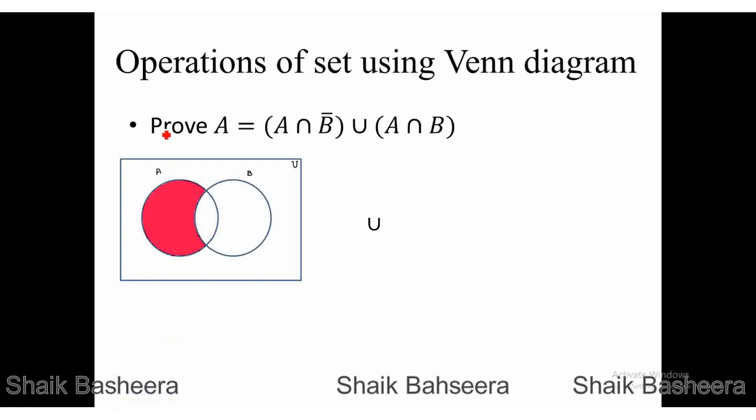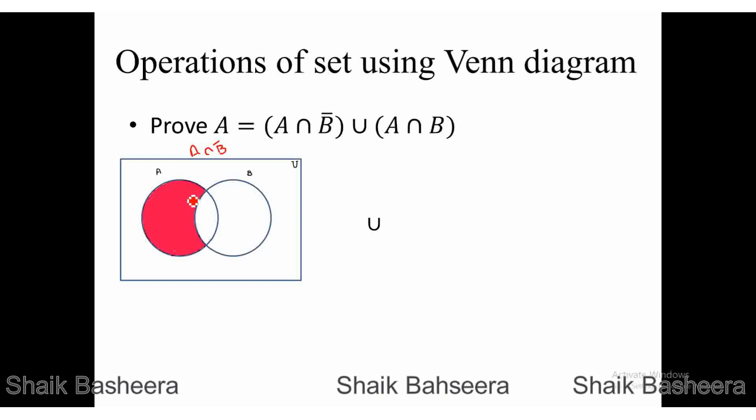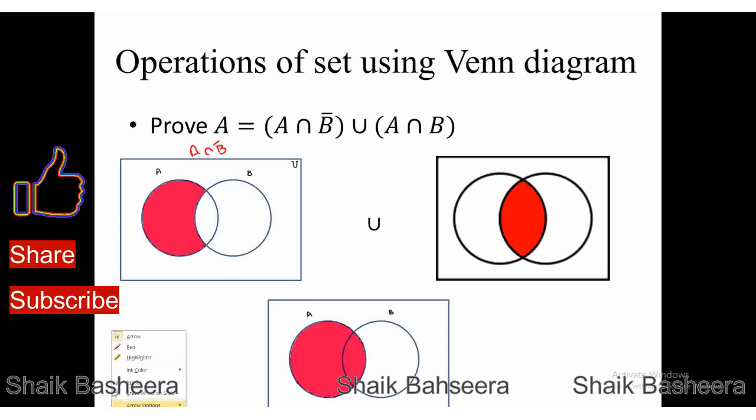This is the Venn diagram representation of A intersection B bar, nothing but A minus B. It has all the elements of A with the B component removed, and we perform the union of A intersection B bar with A intersection B. Then we remain with only A. So this is also one of the most important properties or operations of sets using Venn diagrams that we are going to use in the probability theorem discussions.